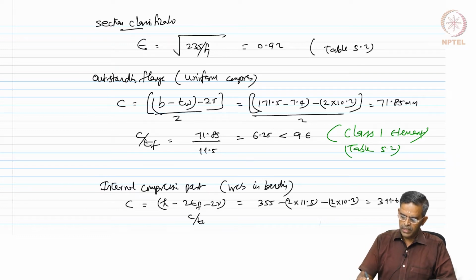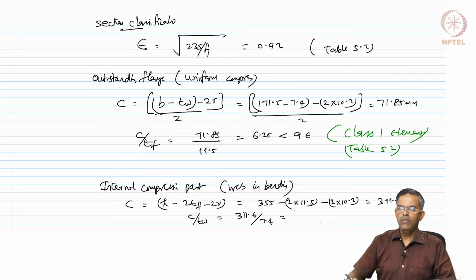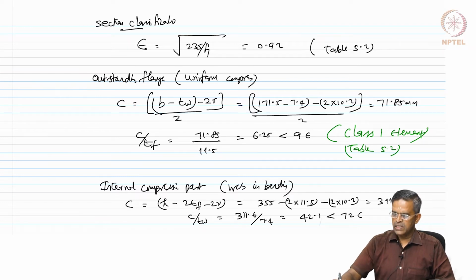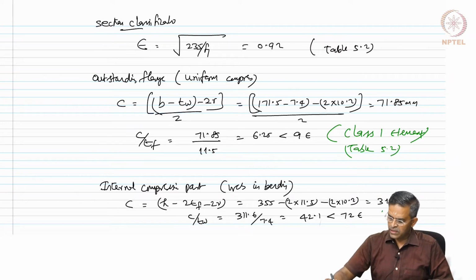Now, C by TW, which is 311.6 divided by 7.4 is 42.1, which is less than 72 epsilon, which also classifies it as class 1 element. This is as per table 5.2.